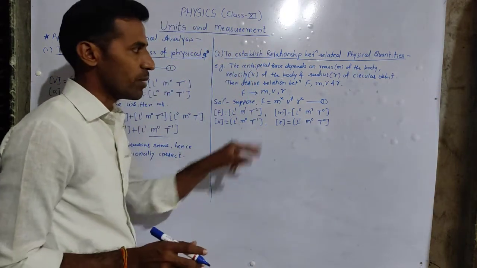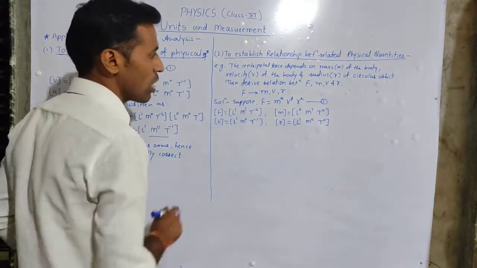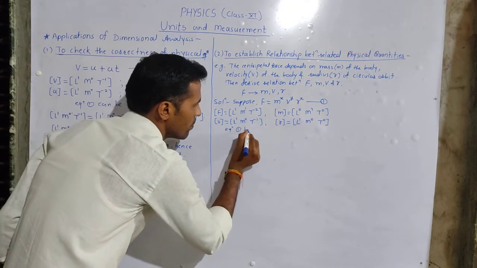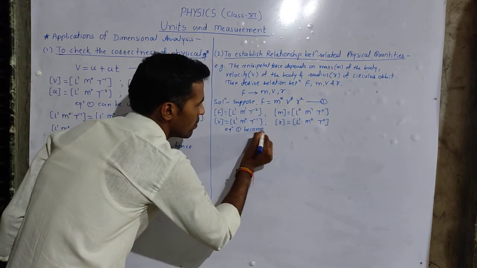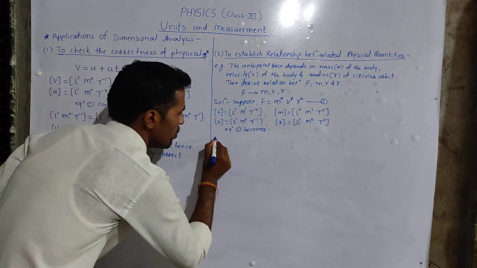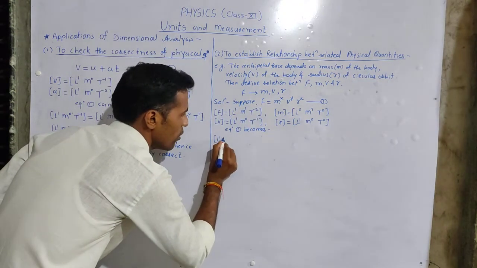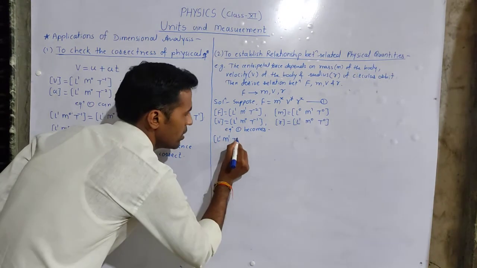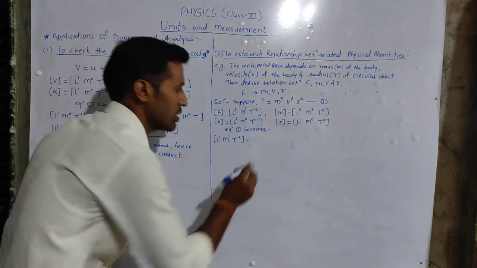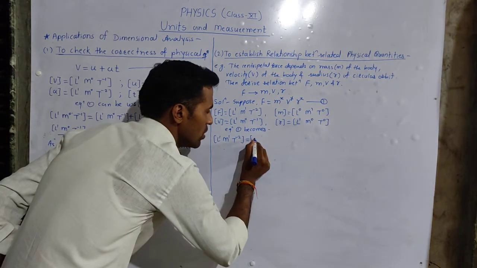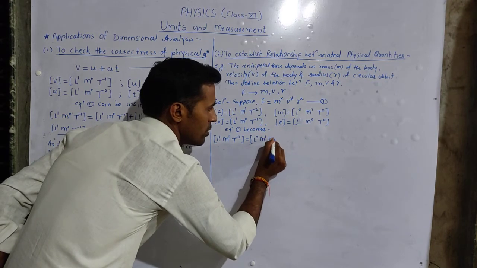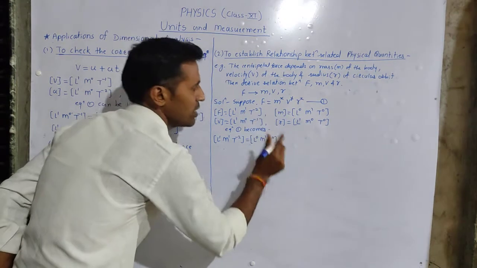Let's write all the dimensions in equation number 1. So our equation 1 becomes force, L1, M1, T minus 2, is equal to mass, which is L0, M1, T0, and power of the mass is x.